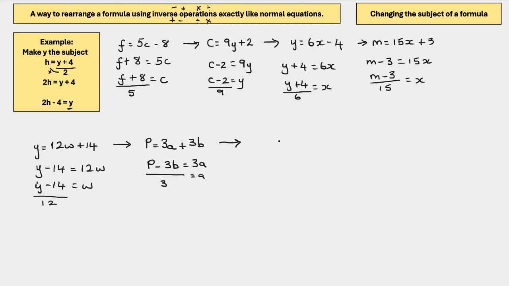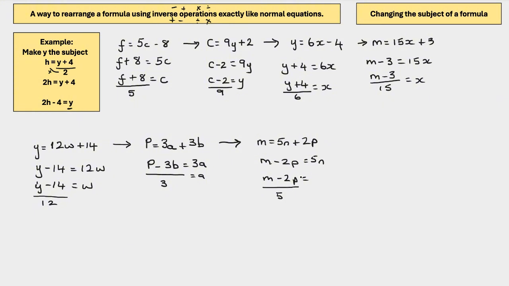Make P the subject. M equals 5n plus 2p. Same again, I want n on its own. So that goes over there. It's a plus, it becomes a minus. And then we do the opposite of times here.